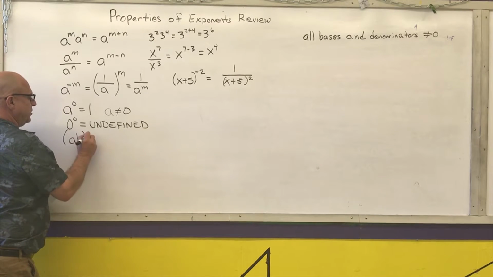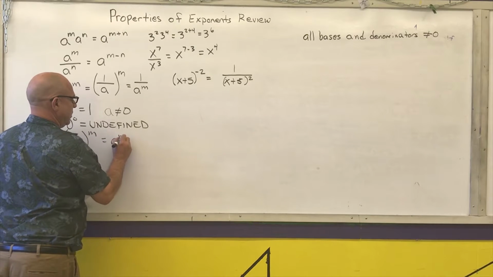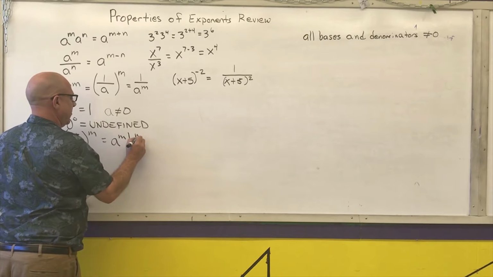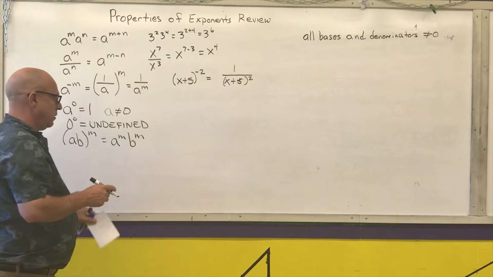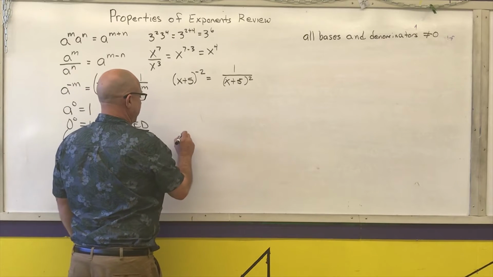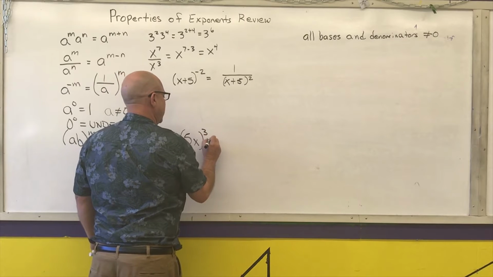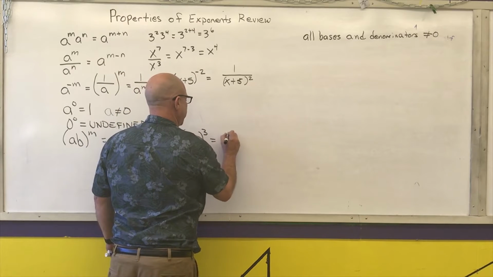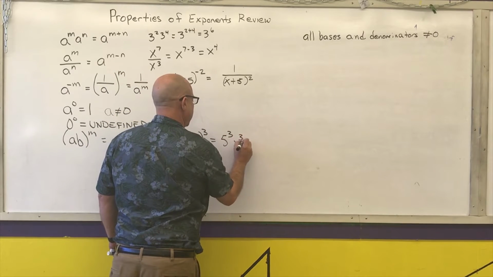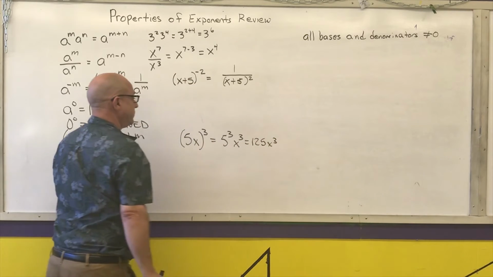A product raised to a power is the same thing as raising each of the items to that power. So for example, 5x quantity cubed is equal to 5 cubed x cubed, which is 125 x cubed.